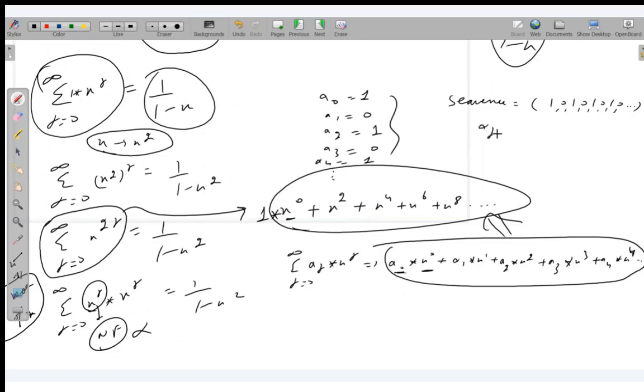Now if I want to generalize, a_r is equal to 1 if r is even, and 0 if r is odd. This is not 1 2 3, we are counting from 0, whole numbers, a0 is this. So when r is even, it is 1, and 0 when r is odd. That is the numeric function.